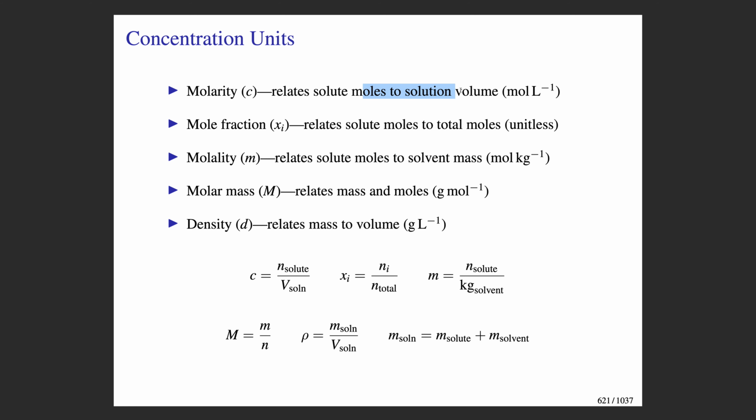Also specific is volume of solution in the molarity definition. It's not volume of solvent, it's volume of solution. So these subtle differences should not be overlooked. The units are moles per kilogram, and here's the formula that I'll be using: moles of solute per kilograms of solvent.